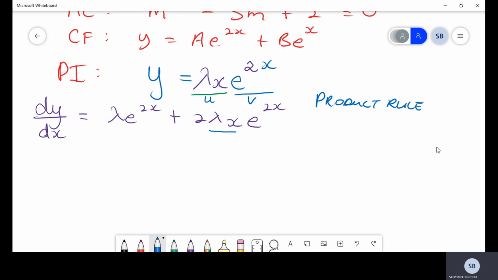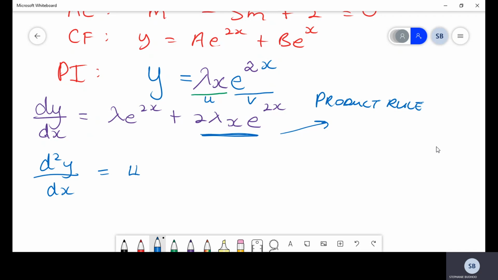Okay, so after differentiating a first time, this is a second order differential equation, so we do need to achieve a value for d2y/dx squared. And of course, here you will see that we have to use the product rule again. You can take your time, pause this video and use the product rule to differentiate the second term, but I'm going to get straight into the answer.